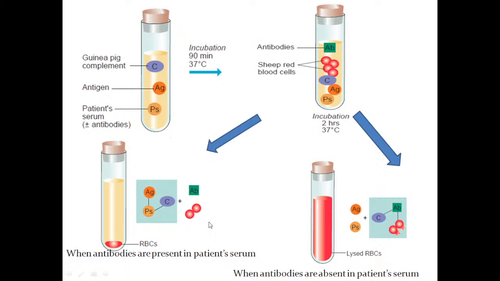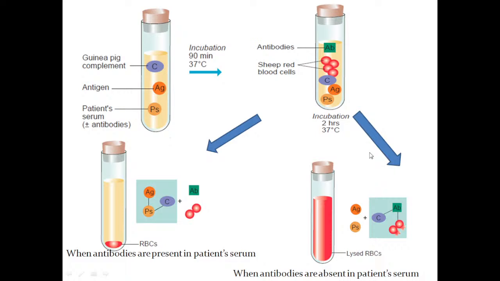So we can see that red blood cells are not destroyed, are not lysed. No lysis means that antibodies were present primarily in the tube. Antibodies were present in the patient's serum.